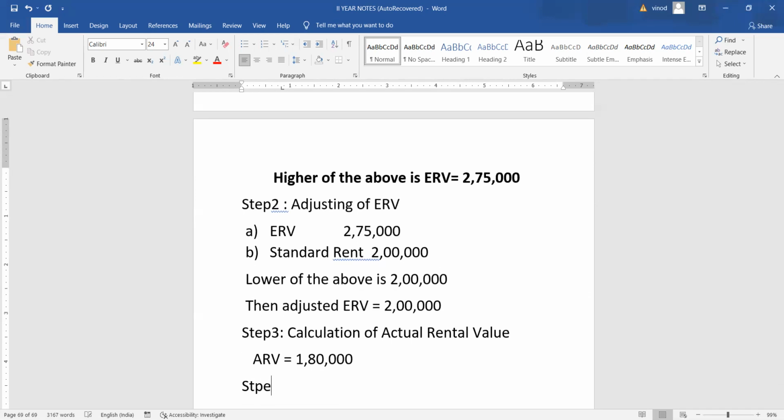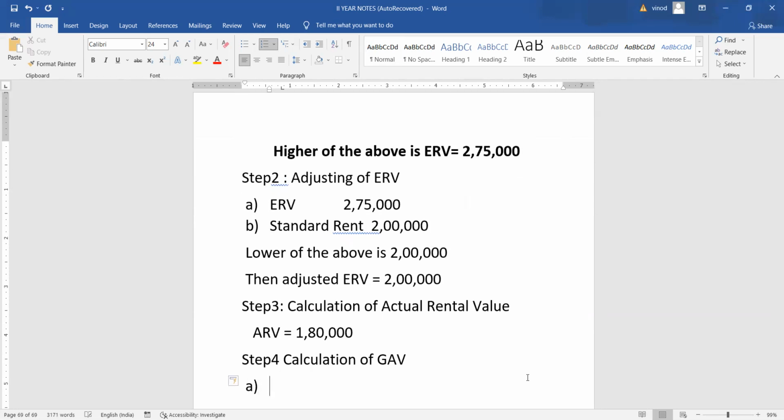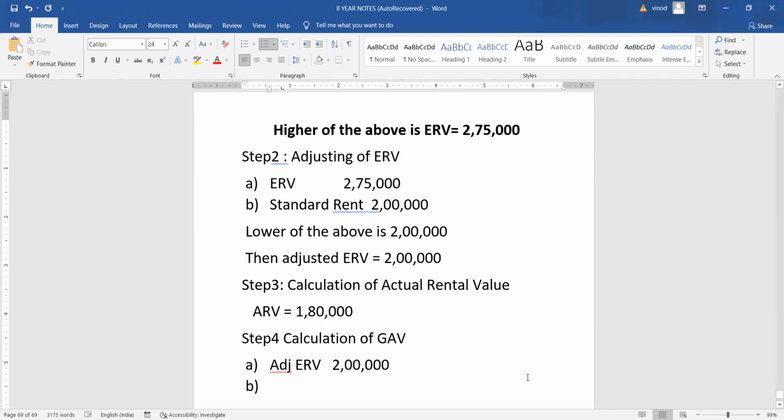Now, in the fourth step, calculation of gross annual value: adjusted ERV is equal to 2 lakhs, actual rental value is equal to 1,80,000.